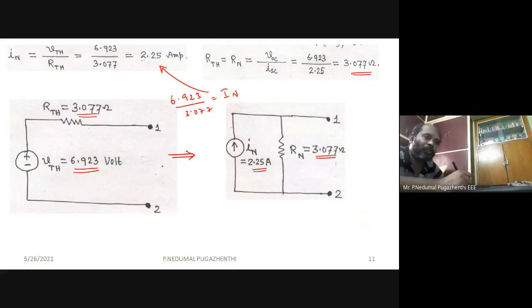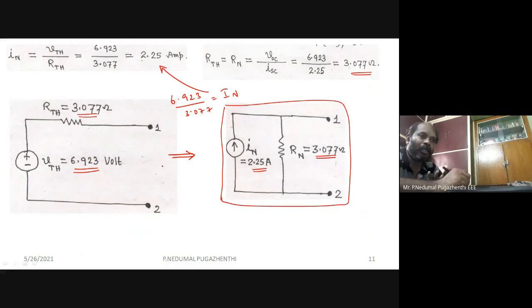Your problem requires only this part. This you have found out in the first two slides. First you found RN, in the second slide you found IN. That's it, over. But in the next two slides, we tried a Thevenin circuit, and from it we got the equivalent Norton, which is the same as what we had found.